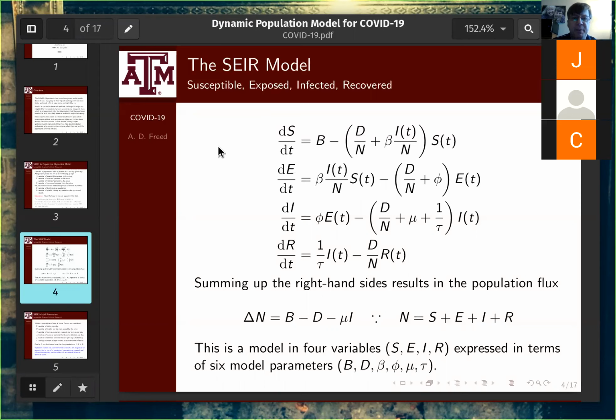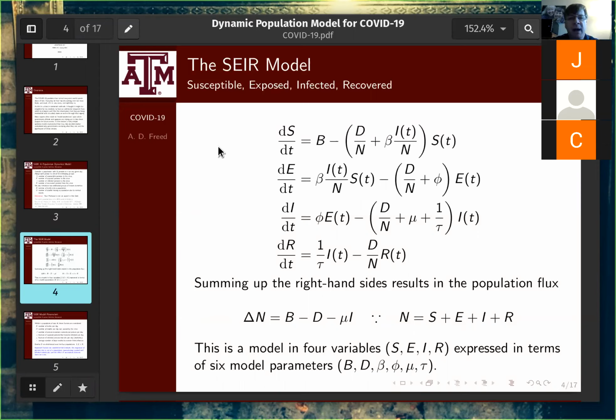Typical science paper, it's written for the layperson, not for the scientist. But we basically have four first-order differential equations. They're coupled. We have an evolution for the susceptible, an evolution for those that are exposed, one for those that are currently infected, and another for those that have recovered.